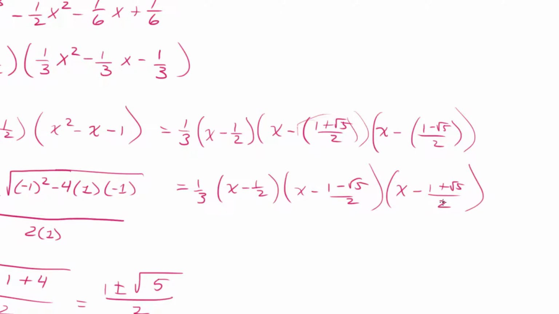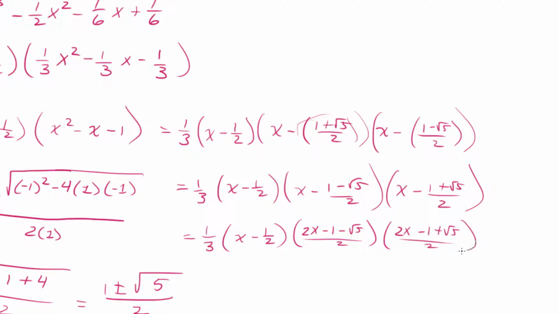Okay? Now, this could be misleading, so I'm going to write everything in the same denominator. So x minus 1/2. The 2 can be multiplied by x, so 2x minus 1 minus radical 5 over 2, and 2x minus 1 plus radical 5 over 2.